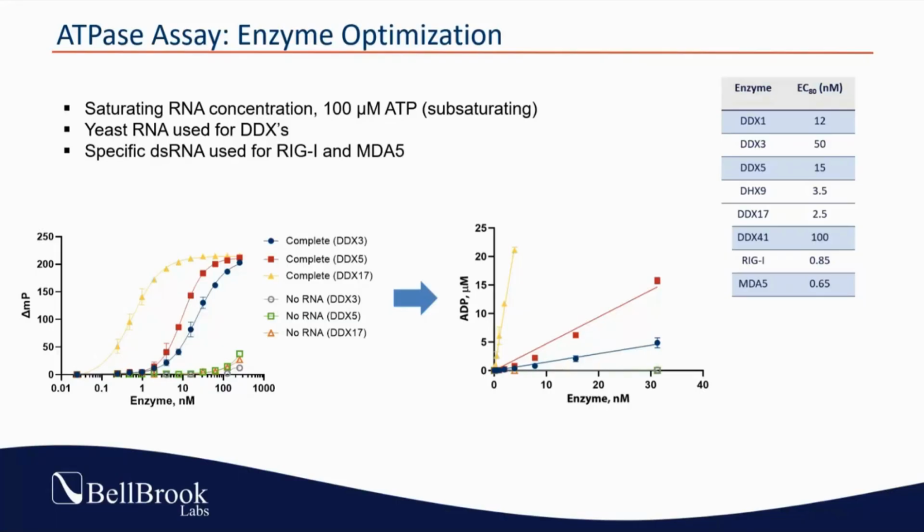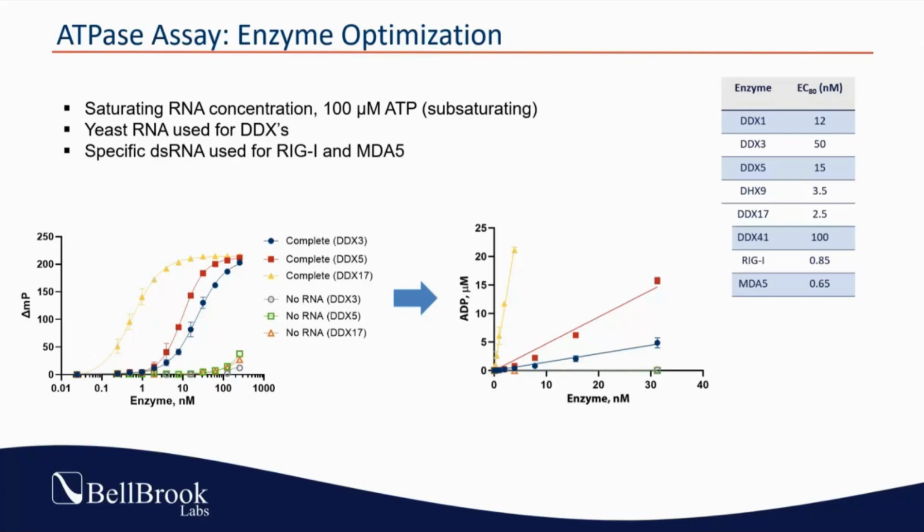So the conditions that we decided on, which are functional for all of these DDXs shown in the table on the right, we're using saturating RNA concentration, under the assumption that people don't want to find molecules that are competitive with RNA, because a lot of those turn out to be intercalators. But if you want to do that, you can use lower RNA concentration. We also use subsaturating ATP, which is around 100 micromolar for most of these enzymes. Again, because the assumption is that you do want to detect ATP competitive inhibitors. But again, those parameters are up to the user to change if they want to.